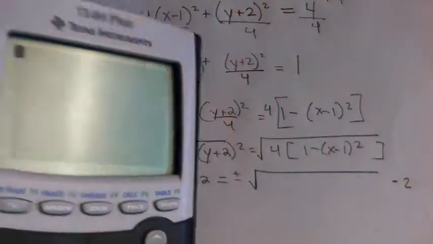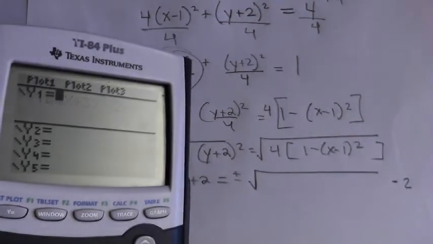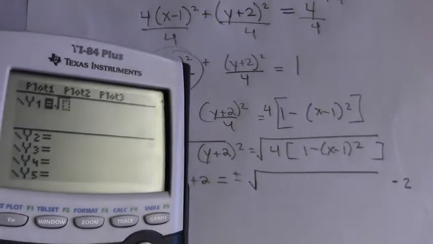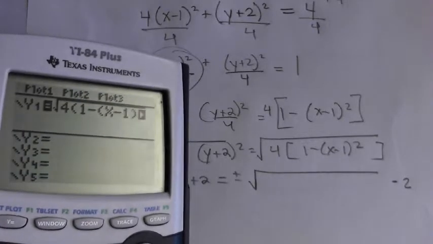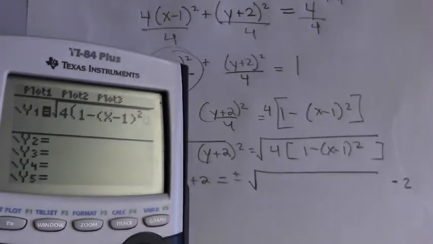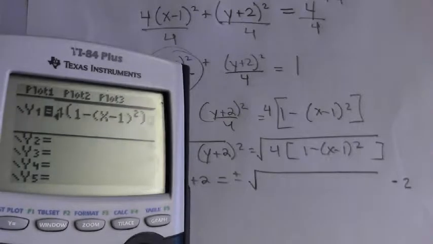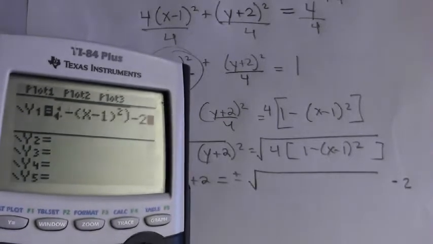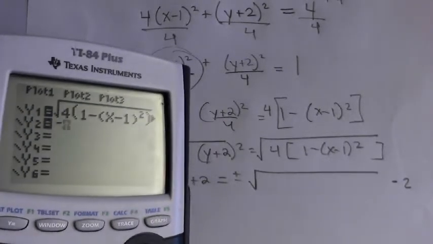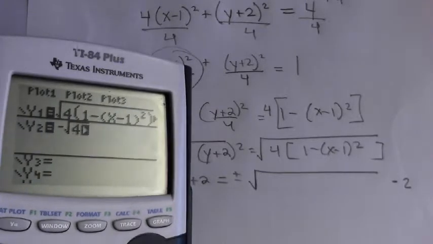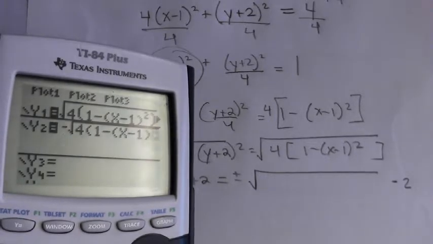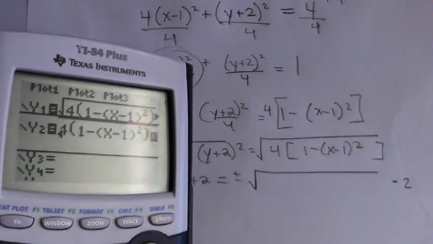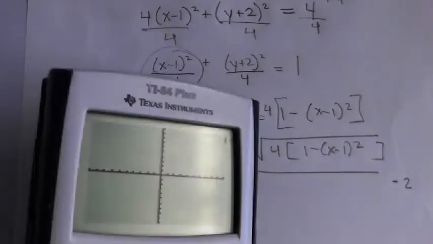So I have to type in y equals the square root of 4 times parentheses 1 minus another set of parentheses x minus 1 squared, close that parenthesis, get out of the brackets, minus 2. And I have to do the negative of the same thing, square root of 4 times 1 minus x minus 1 squared, minus 2, zoom, 6.